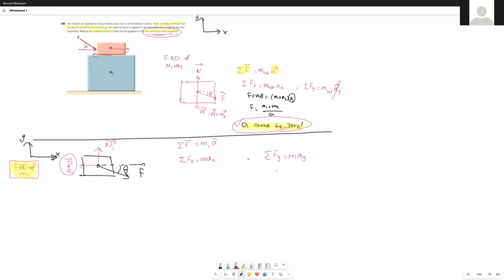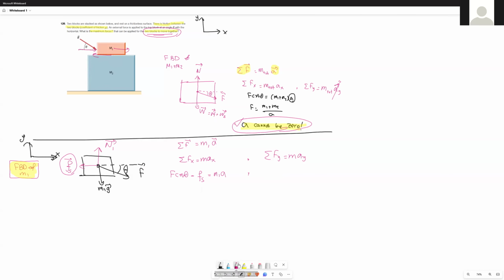Okay, so on the x-axis, I have F cos theta minus Fs equals M1 times A. And on the y-axis, I have, sorry, I forgot the M1G.